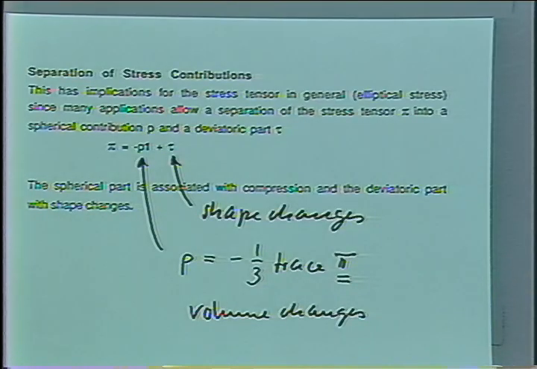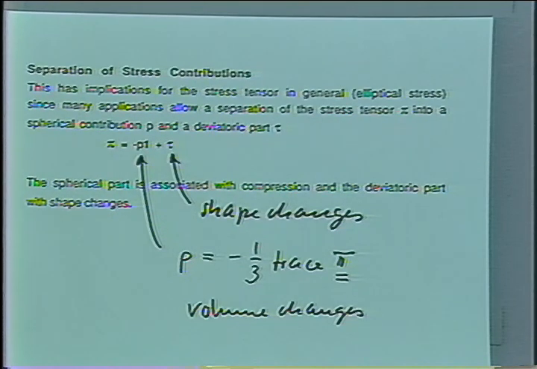Therefore, a strain which we calculate with our method, with a strain tensor, Cauchy tensor or finger tensor, would contain shape changes and volume changes, both of them. And we would have to separate that into the two components when writing constitutive equations. And that's done conventionally. That's the common procedure.